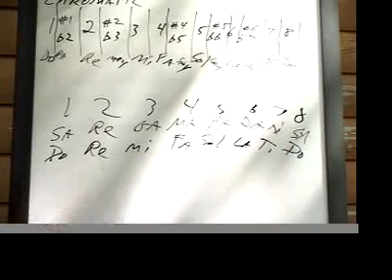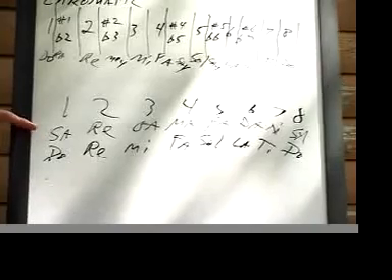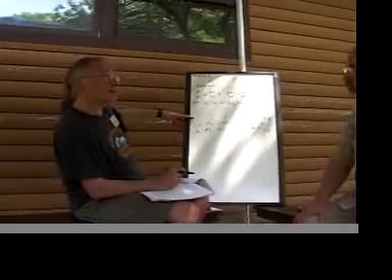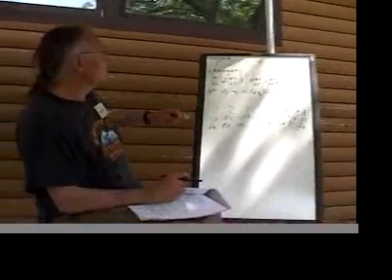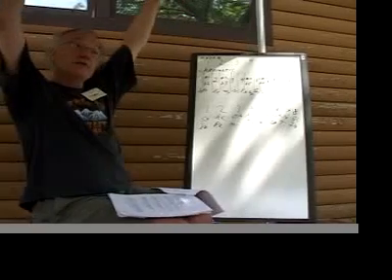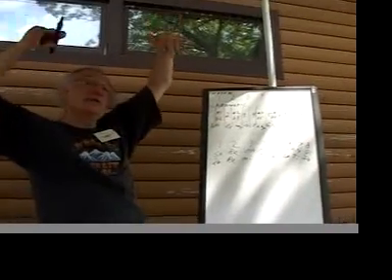This is called solfeggio. This is called sargam, and this is just simply called a number system for naming the notes of an 8-note scale.